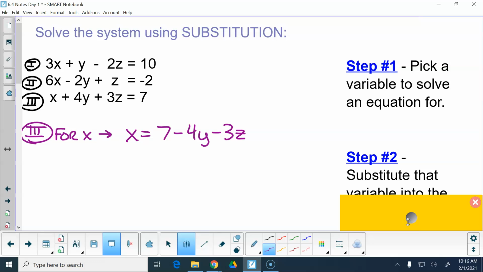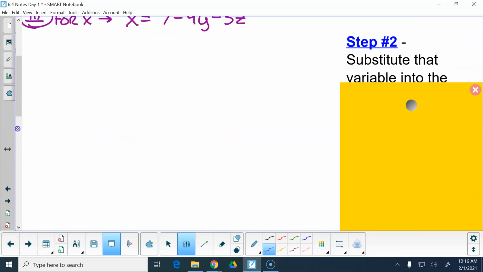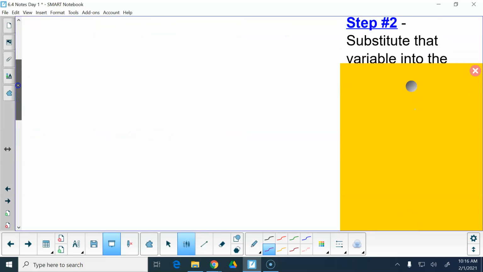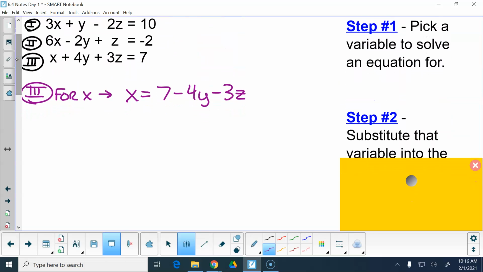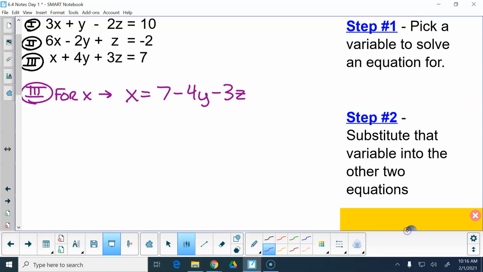Step number 2 says, now we have to substitute that variable into the other two equations. It's got to go into both. It can't just go into one.